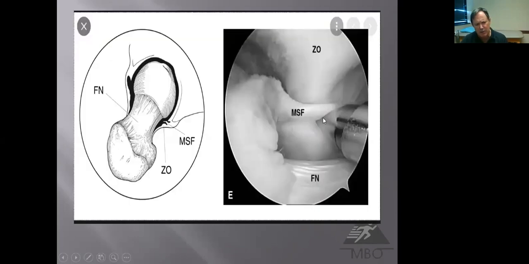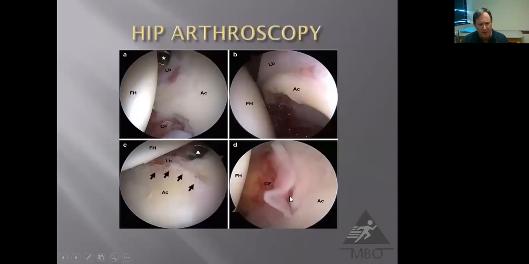And again, this is what you do when you look inside the hip joint. You see a piece of ligament that's torn, a labrum that's torn off the acetabulum. And depending on the size of the tear, depending on the patient's circumstances, that would either be surgically repaired or just smoothed out and cleaned up. This is another picture of a labral tear.